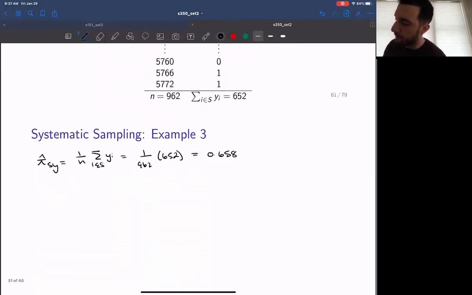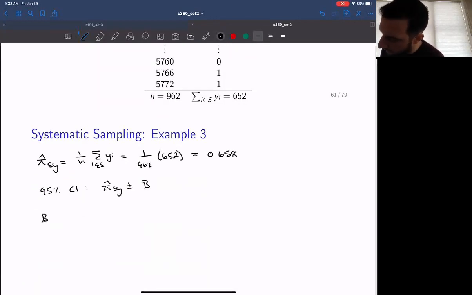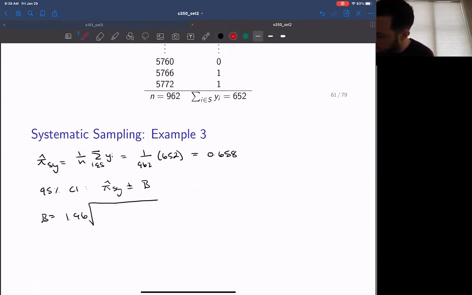Okay, we want to build a 95% CI for this. So the 95% CI will be pi hat sy plus or minus the bound. So the bound here will be 1.96 multiplied by the square root. Oh, and then always have to remember to do this.